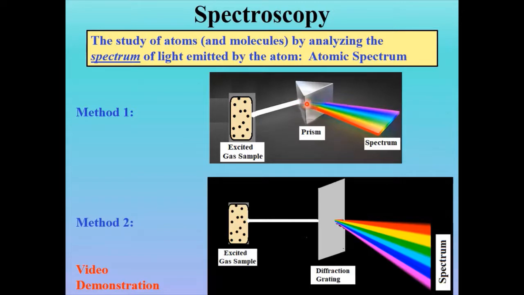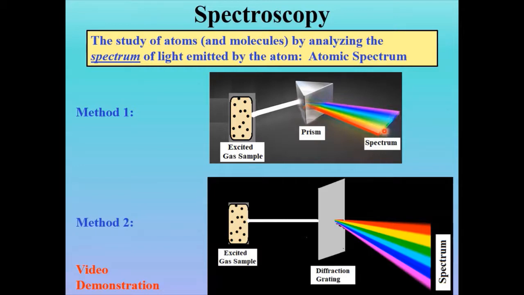And remember, one of the properties of light is when light goes through a prism, it undergoes dispersion, where the different colors and wavelengths of light bend at different angles, producing a spectrum of the light. So in other words, the light coming in is separated into all of its component colors. So these different colors that come out of the prism, this is called the spectrum of this particular gas.